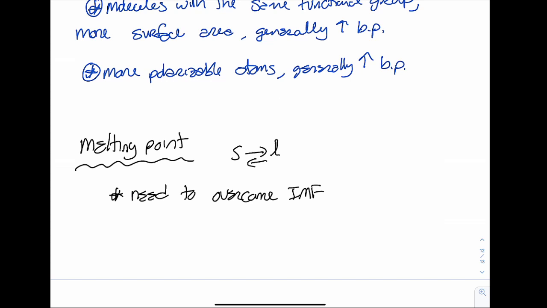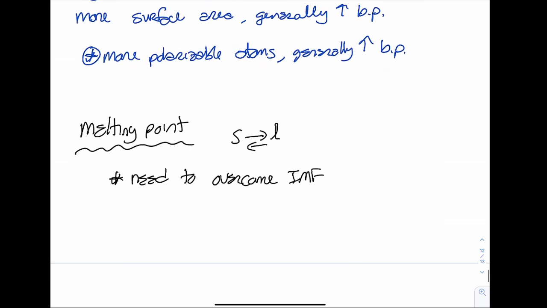So we are breaking intermolecular forces when our substance melts. And in general, stronger intermolecular forces are also going to be a higher melting point. Stronger intermolecular forces, right? Harder to break.